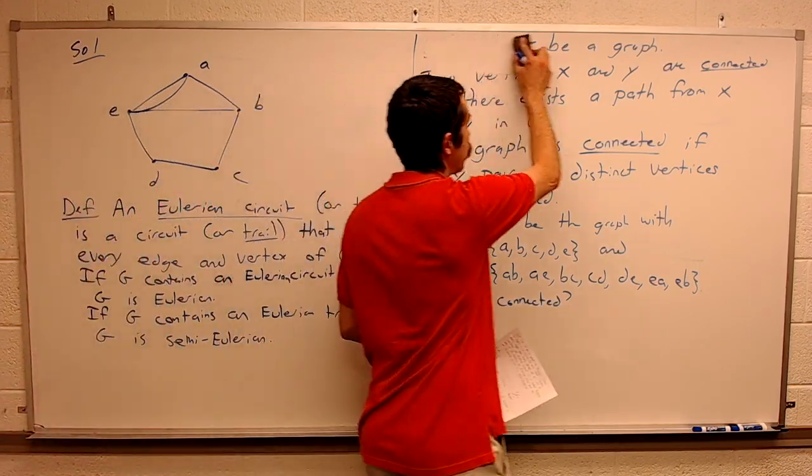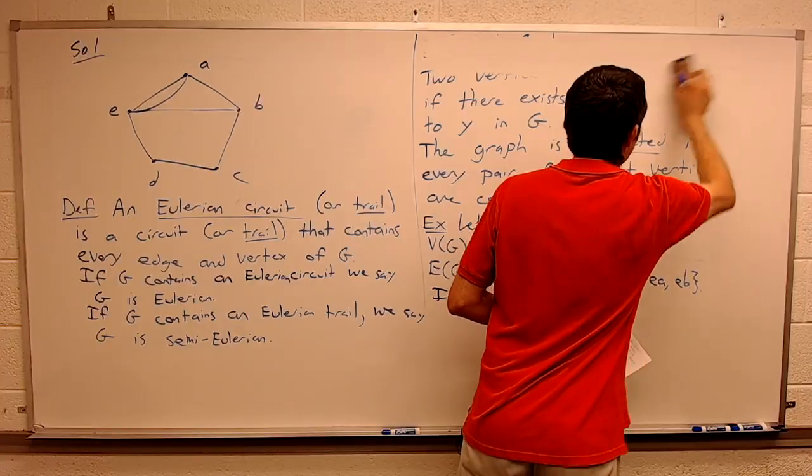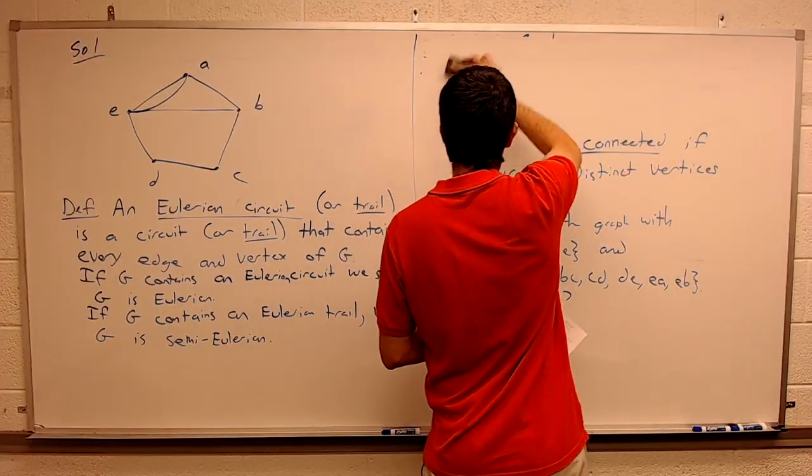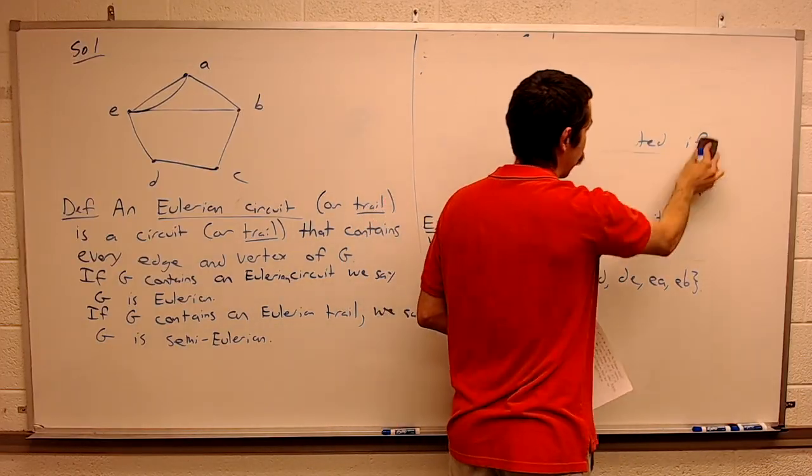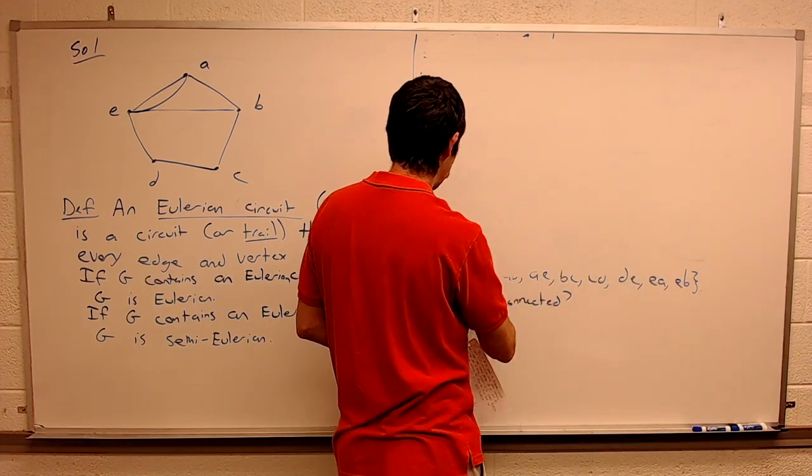All right, and we're going to see in a few minutes that there's a very easy way to check if a graph is Eulerian or semi-Eulerian or neither.